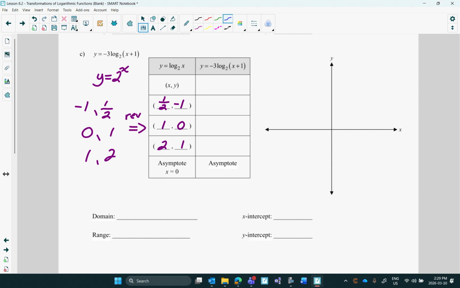The formula for the transformation of the points: x minus 1, because the only thing happening to the x's is they're moving 1 to the left. I can't hear you. We skip 1?